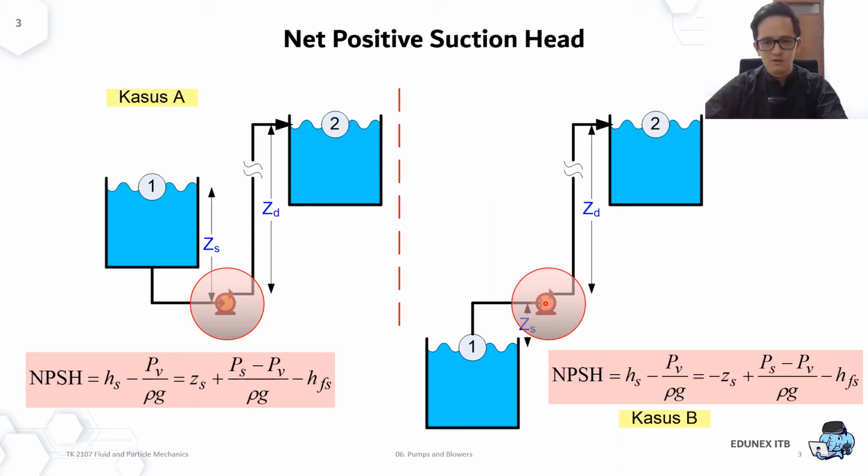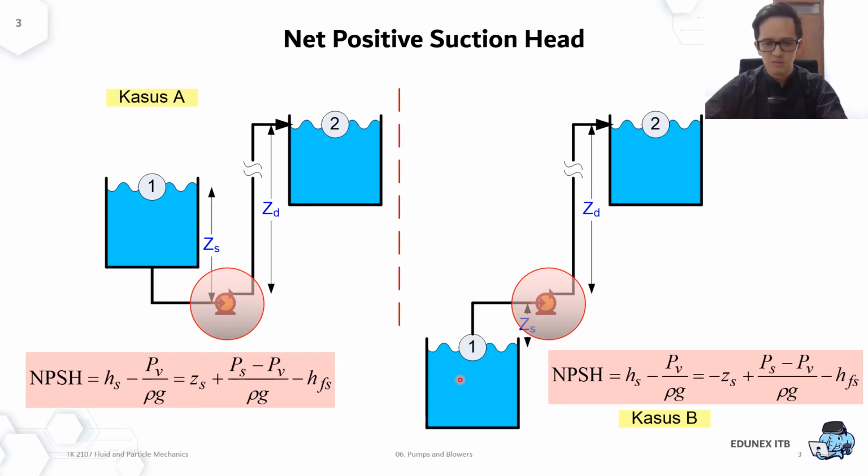In the second case, where you have a pump located above tank 1, it actually already requires effort to suck the water from tank 1 to the pump. It will not flow based on gravity, so the pump will have to suck the water itself. And because of that, the pressure of point 1 to P3 of the suction of the pump, which one will be greater?